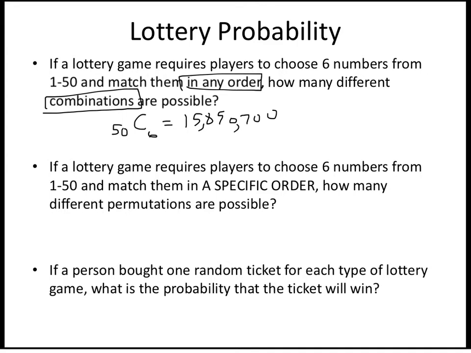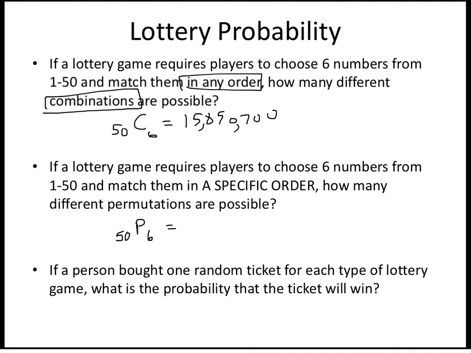Now say we want the same thing, only we want these numbers in a specific order. How many different permutations are there? This would be 50P6, because order matters for this. Each of our numbers has to be in that specific order.